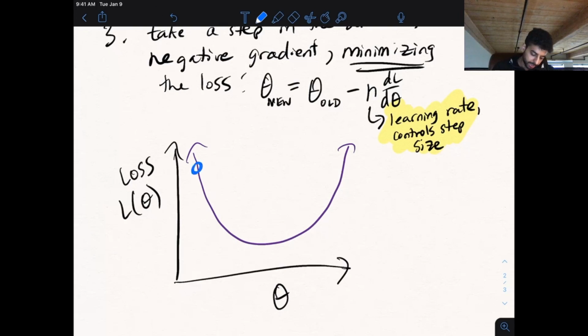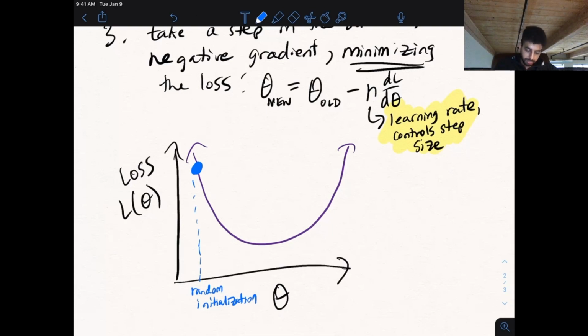So maybe I start up here. We'll say this is random initialization. So I set my theta to some value over here. I compute the loss function over my training data, and I find that it's pretty high.